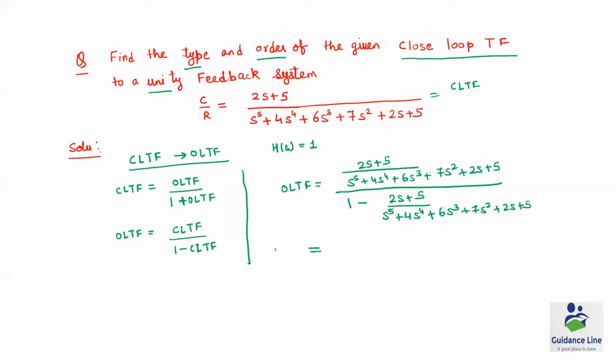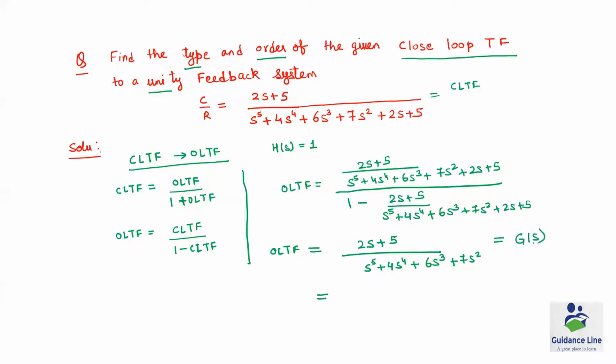So now if I write the OLTF, we get 2s plus 5 in the numerator, and in the denominator, minus 2s minus 5 cancels out, and we get s^5 plus 4s^4 plus 6s^3 plus 7s^2. This is the open loop transfer function G(s).